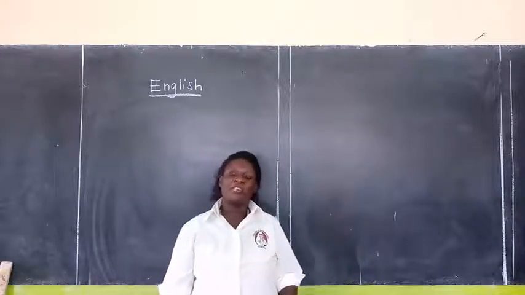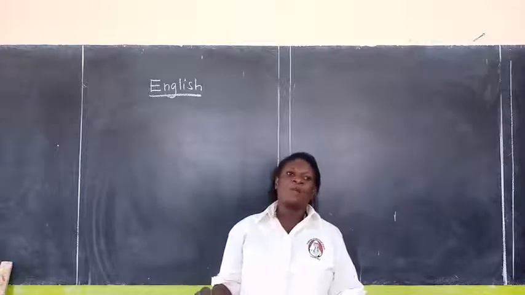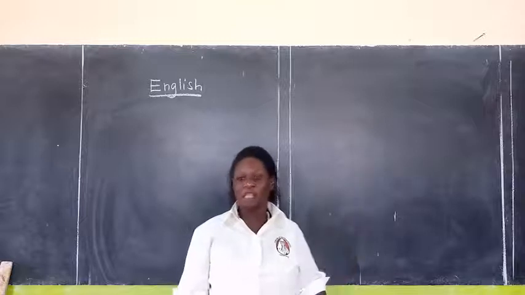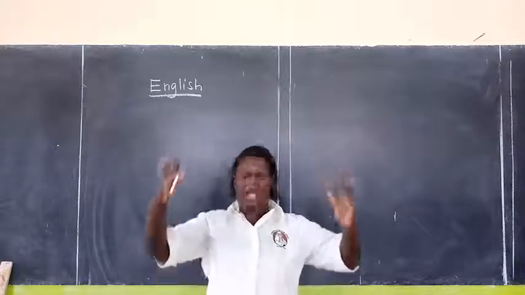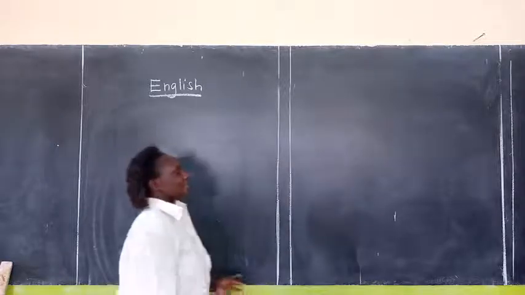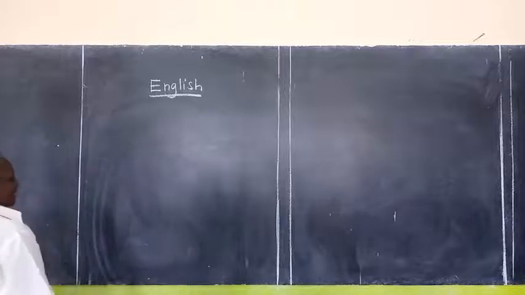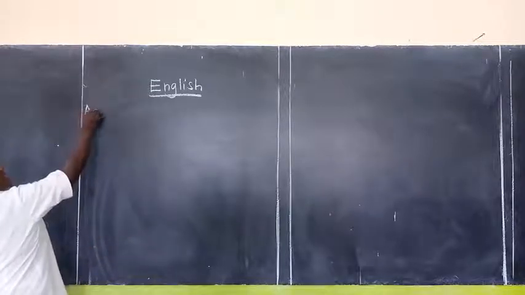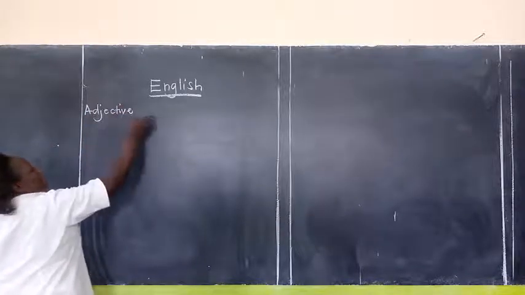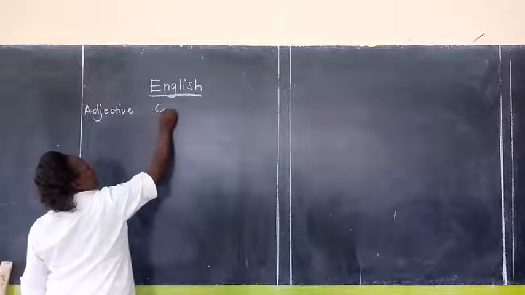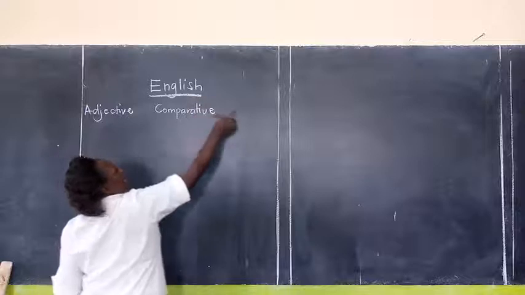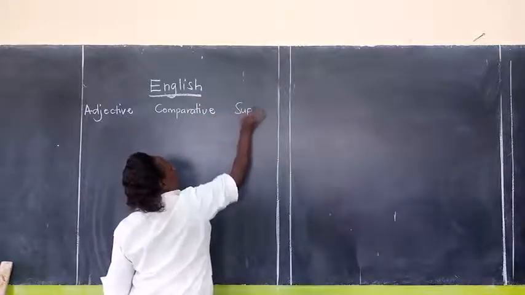The adjectives that we looked at yesterday, we didn't divide them the way they change into their comparative and superlative. We looked at them as a whole. Now let us have a review over those adjectives. We had the adjective, we had the comparative, and we also had the superlative.